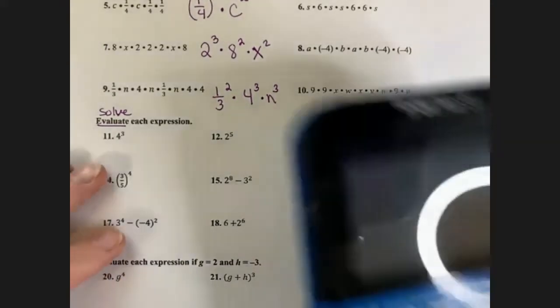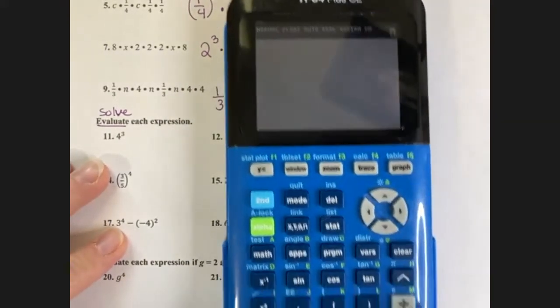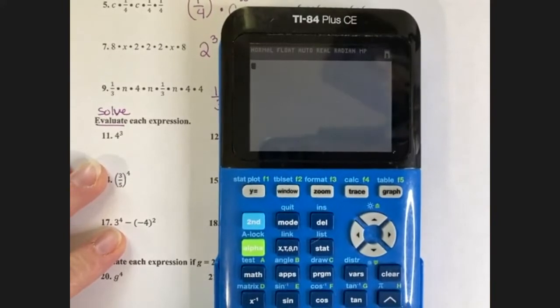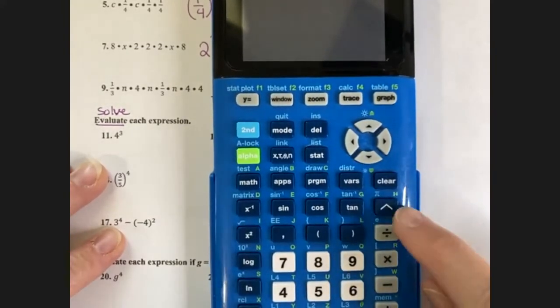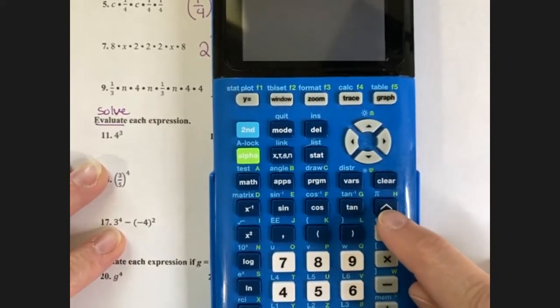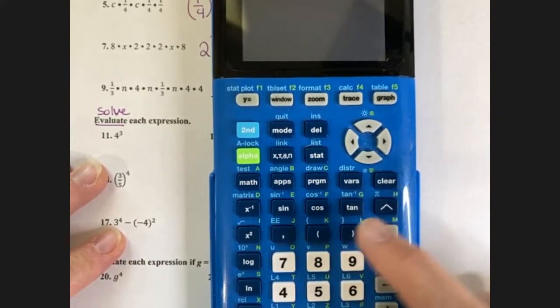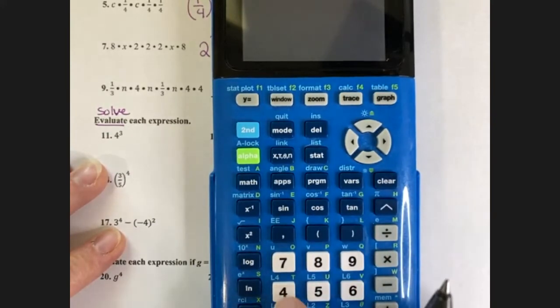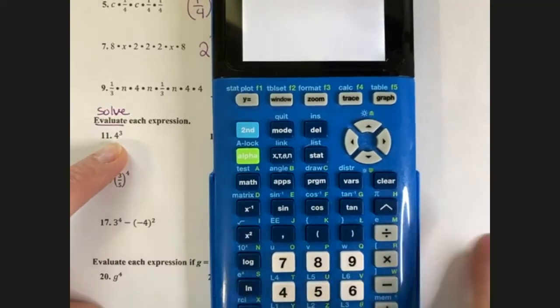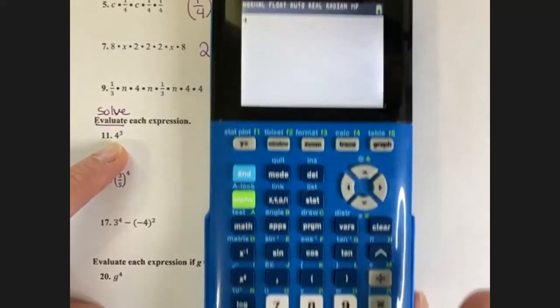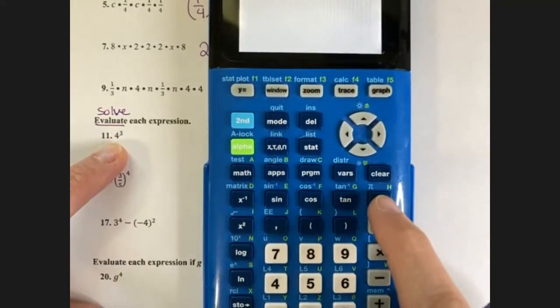So we're going to grab our handy dandy trusty calculator here. On your TI-84 Plus, the one key that you really need to know the most is this one right here for exponents. I call it the carrot top or the house top. That's raising it like a house raises a roof. We're going to raise it to a power. So I type 4, so you hit your 4 button. It says 4, and then it says to the third power. I'm going to hit this house top right here.